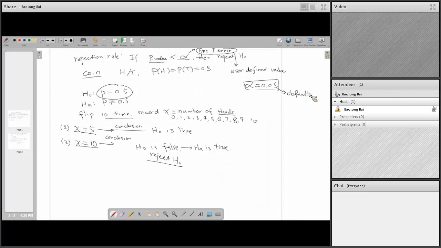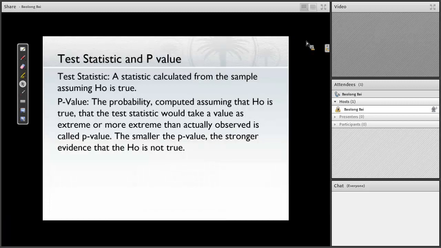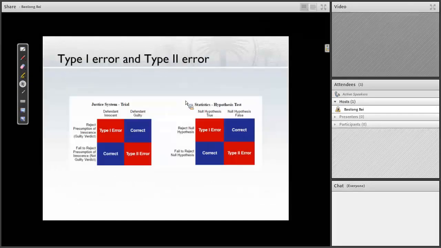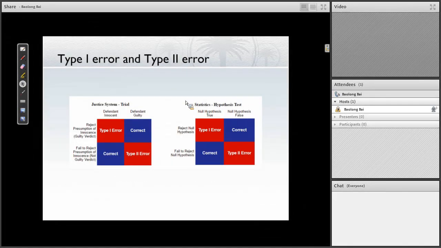So now we need to learn what type 1 error rate is, what alpha is, and what it really represents. So type 1 error is alpha. Okay? So what's a type 1 error? You need to think about the hypothesis test process.